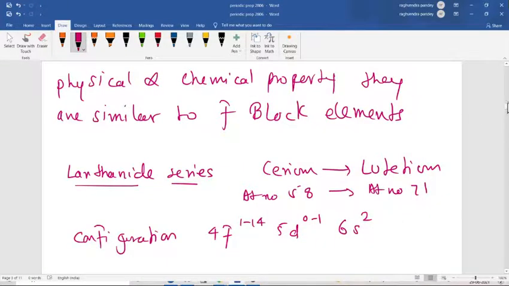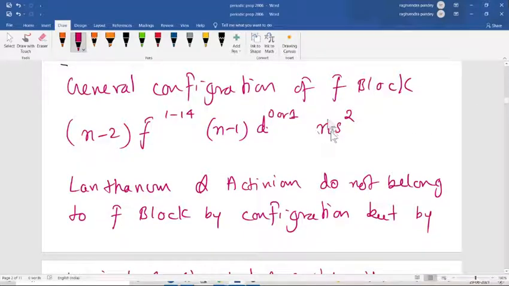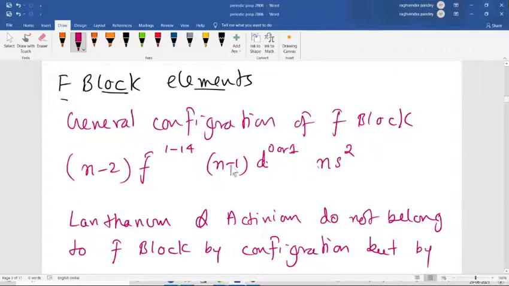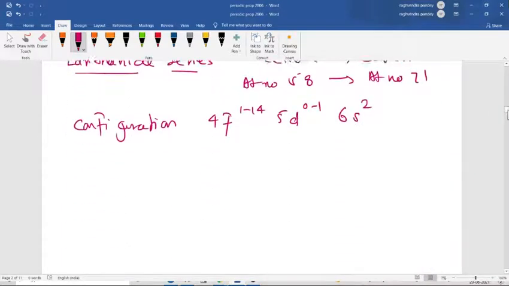What I wrote here is the general electronic configuration, ns2. Here n is 6 or sometimes 7. So n minus 1, n minus 2: suppose n is 6, then it becomes 5 and then 4. Like that. So that is your lanthanide.